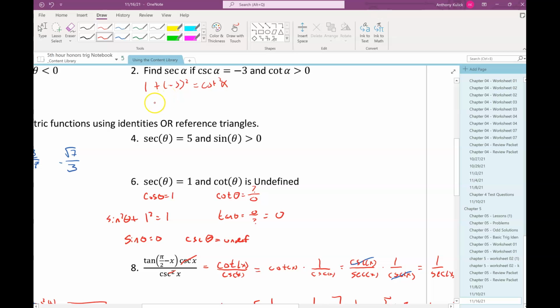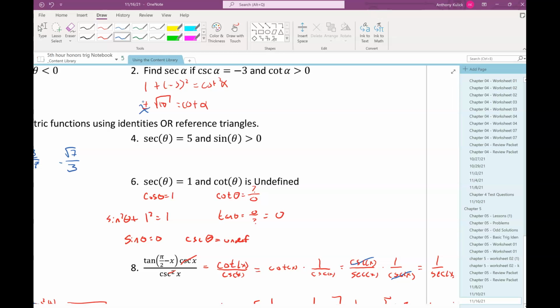So we have that cotangent is going to be plus or minus the square root of 10 then, right? Okay. And because we know cotangent is positive, we really know it's positive root 10.